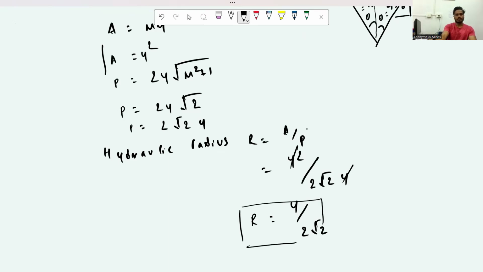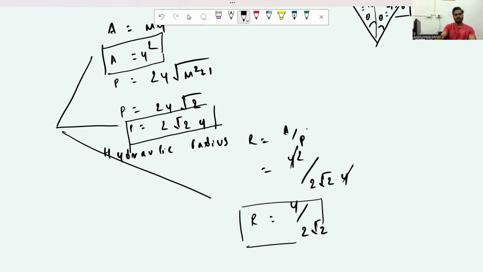So area is equal to y square in case of efficient triangular section, and P is equal to 2 under root 2 y. These are the three conditions for a triangular section to be most efficient.